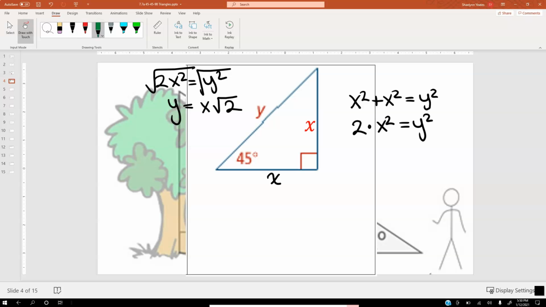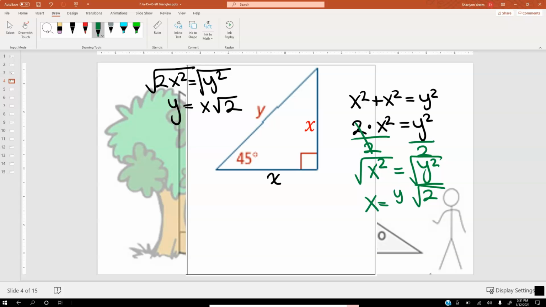So now let's find out what happens when I solve for x instead. So over here I would divide both sides by 2. And I end up with x squared equals y squared over 2. So now if I take the square root of both sides, remember you take the square root of the top and bottom of a fraction separately, I end up with x equals y over the square root of 2.